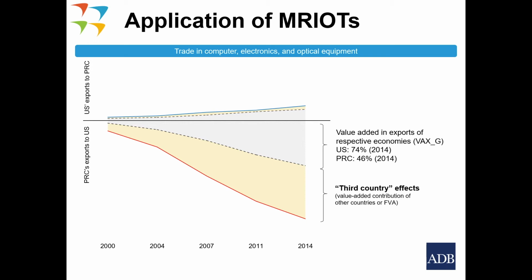On the other hand, only a mere 46% of value added in exports is domestic value added for PRC, leaving 54% of value added in exports coming from third countries. Hence, any effect of the current PRC-US trade conflict is mostly absorbed by these third countries, which contribute in the export production of PRC.